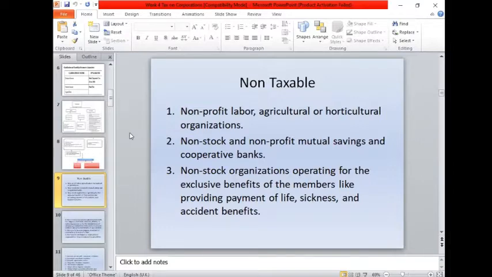Their incomes and proceeds are non-taxable. Also, the non-stock organizations operating for the exclusive benefit of the members, like providing them life, sickness, and accident benefits. So it talks about insurance or social security. Their income proceeds are also non-taxable.